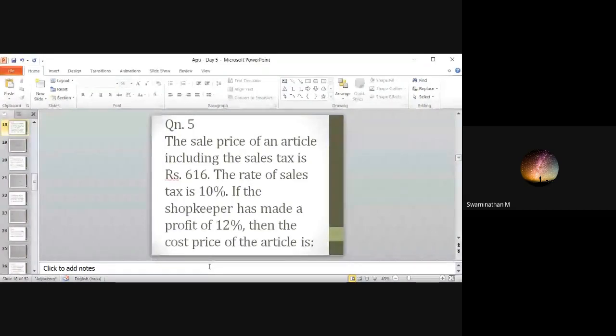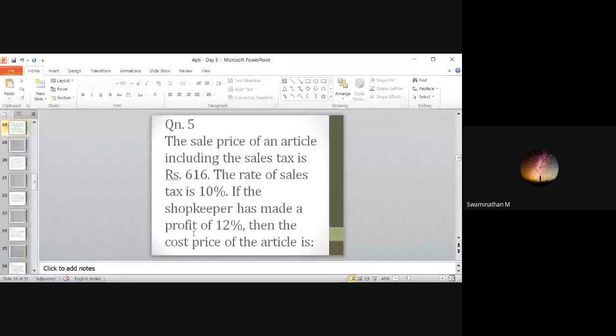If the shopkeeper has made a profit of 12%, then the cost price of the article is... I repeat, with the sales tax, it is 616 rupees. So sales tax is 10%. So it is 110% of the selling price. So 110% of the selling price is 616. So find what is the actual value, and on that value is 12% profit added to the cost price. So find the cost price with the selling price.